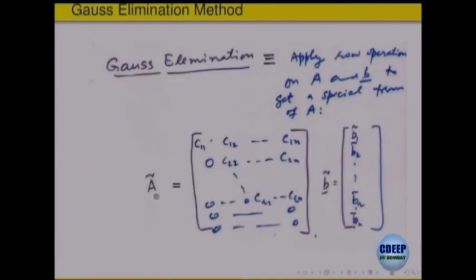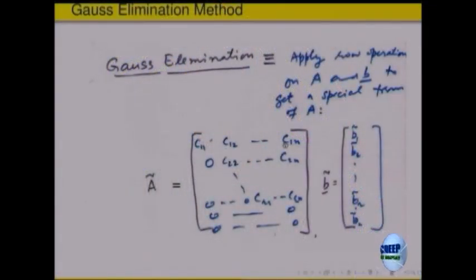The Gauss elimination method says that the coefficient matrix and the vector b, after those elementary row operations, get transformed into matrices of this type. A gets transformed into something like c11, c12 and so on, with some bottom rows equal to 0.